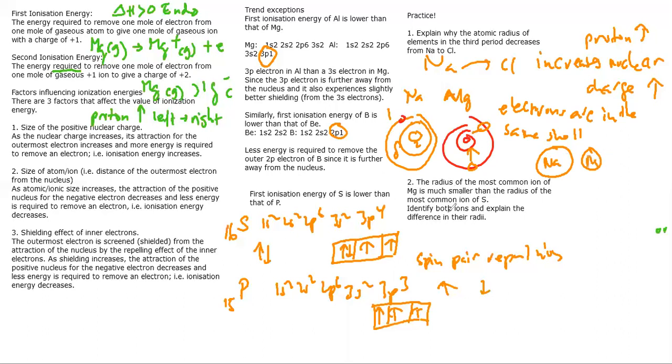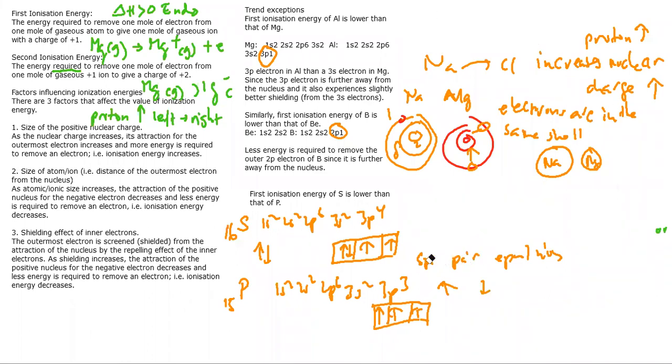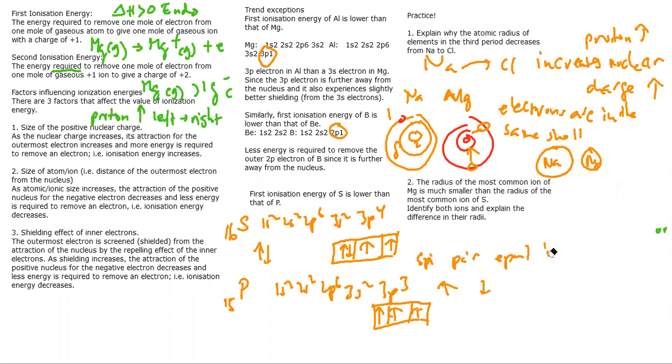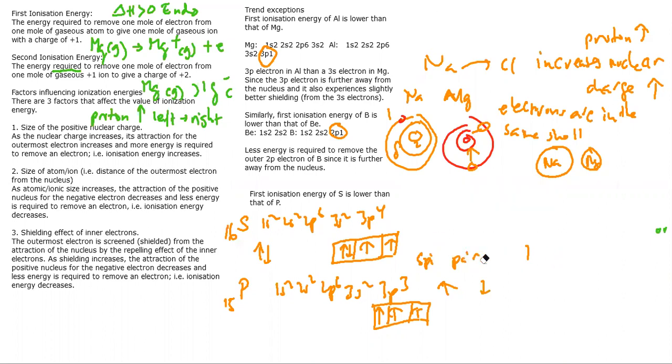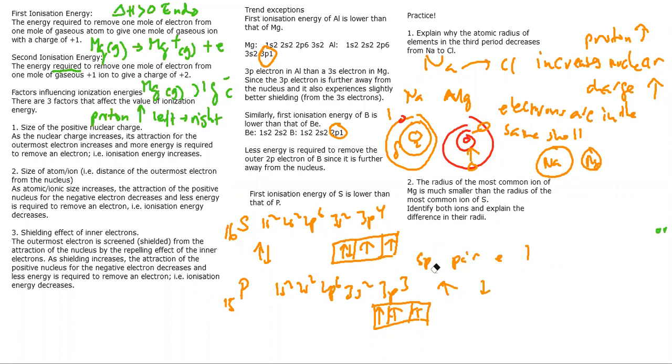Lastly, is the radius of the most common ion of Mg smaller than the radius of the most common ion of S? Identify both ions. We can approach this question by saying that we have magnesium 2 plus, and we also have S2 minus.